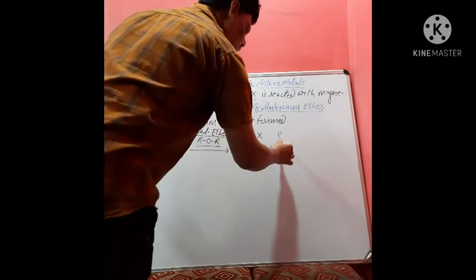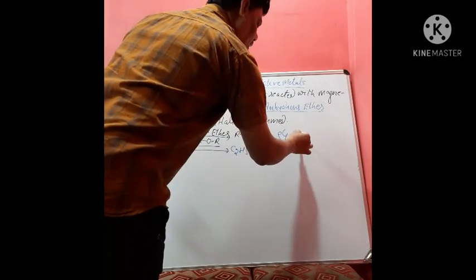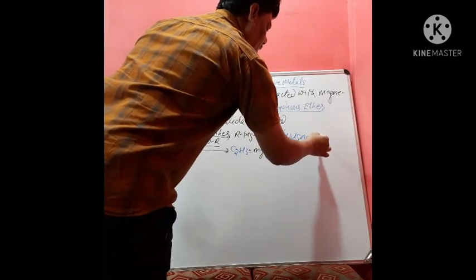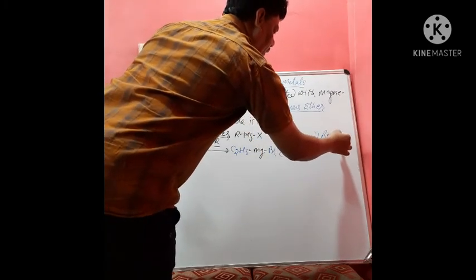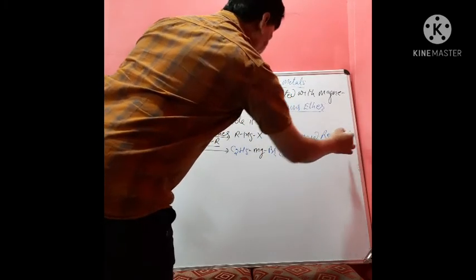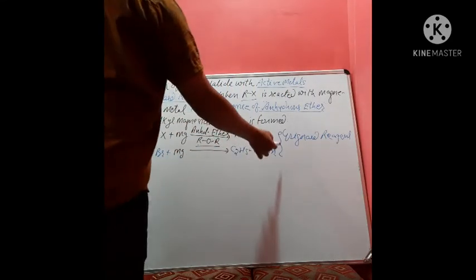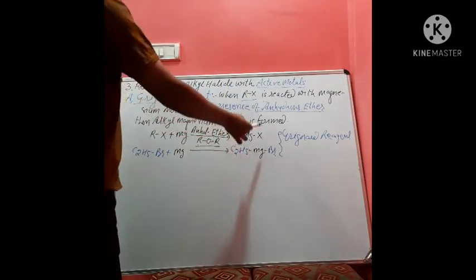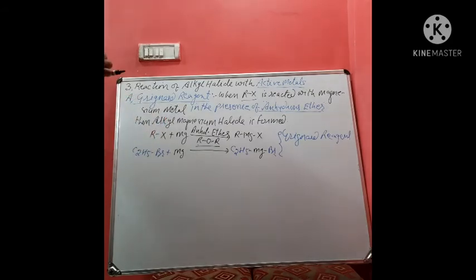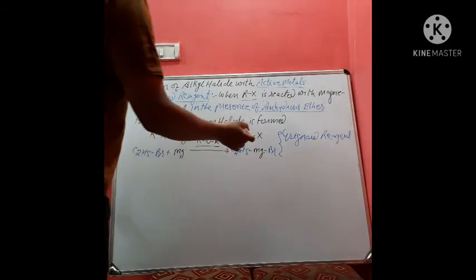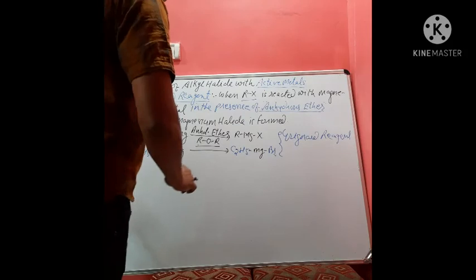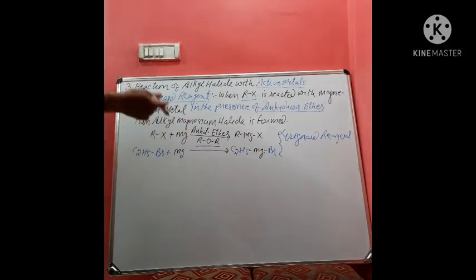This compound is known as Grignard reagent. What is this? Ethyl magnesium bromide, or alkyl magnesium halide, called Grignard reagent. This is one of the very important reagents which is used to prepare a large number of organic compounds.